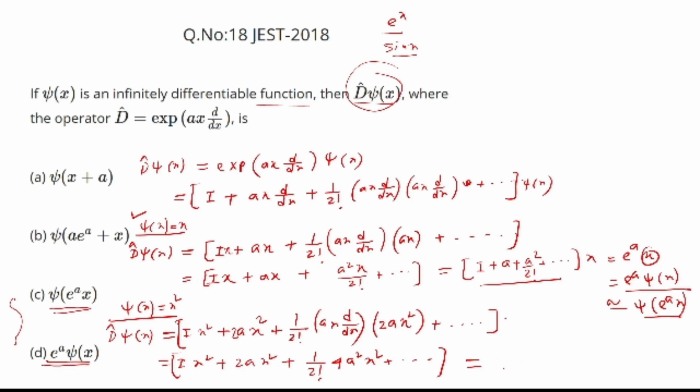Then the remaining part will be I plus 2a and so on. Now this term can be written as x into e to the power a, whole squared. So we can see easily that this is nothing but psi of x e to the power a. So which one will be the correct one? Option C will be the correct one.